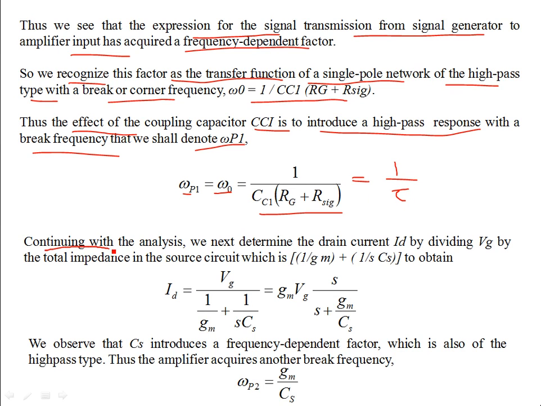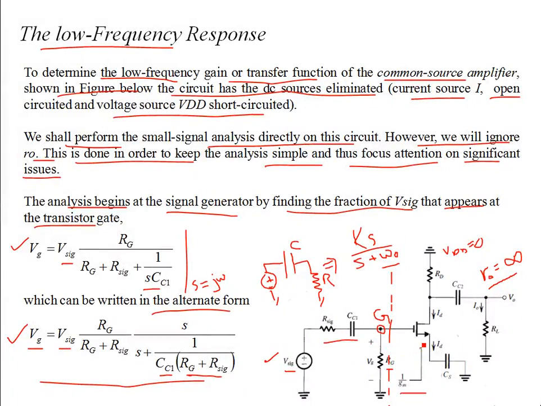Continuing with the analysis, we next determine the drain current ID by dividing the gate voltage Vg by the total impedance in the source circuit. This NMOS MOSFET has a resistance of 1 over Gm at the source, and there is also a bypass capacitor Cs at the source.